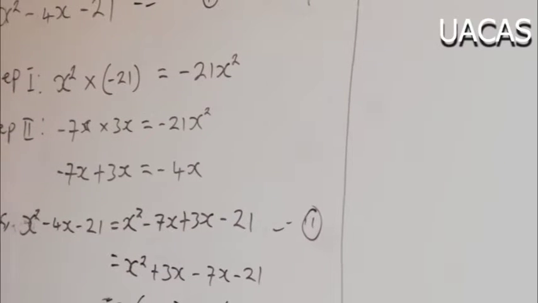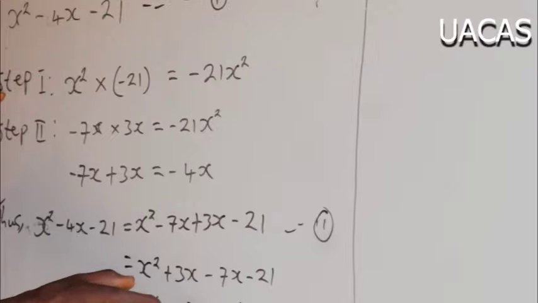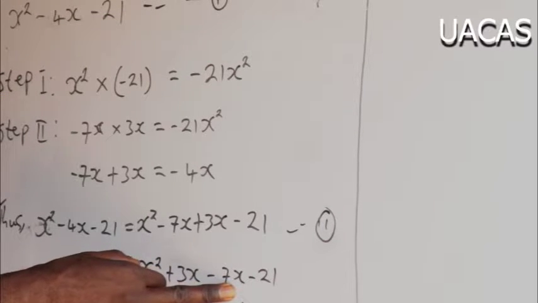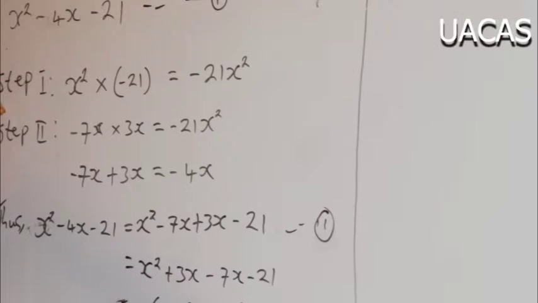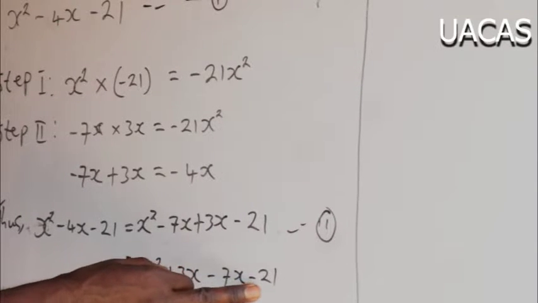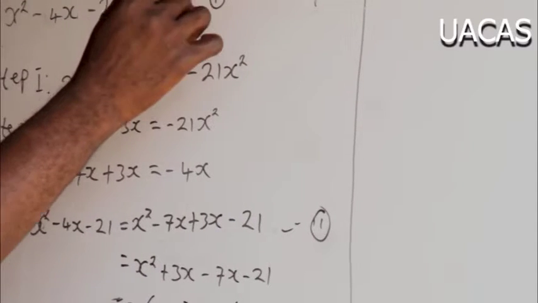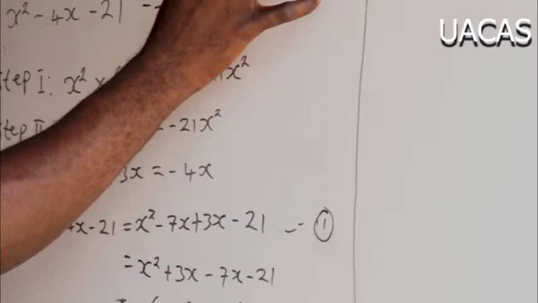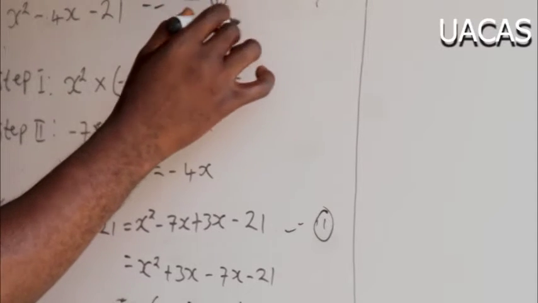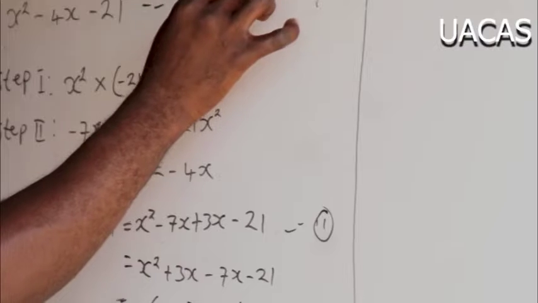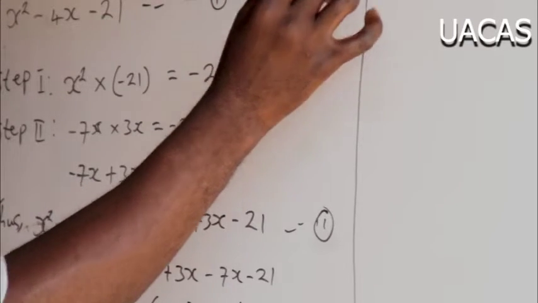What it really means is that this minus is affecting this x. That is, minus 7 times x will give me minus 7x. And this minus 7 times plus 3 will give me minus 21. The same thing we learned from primary school: minus times plus is equal to minus. We also learned that plus times minus is equal to minus.